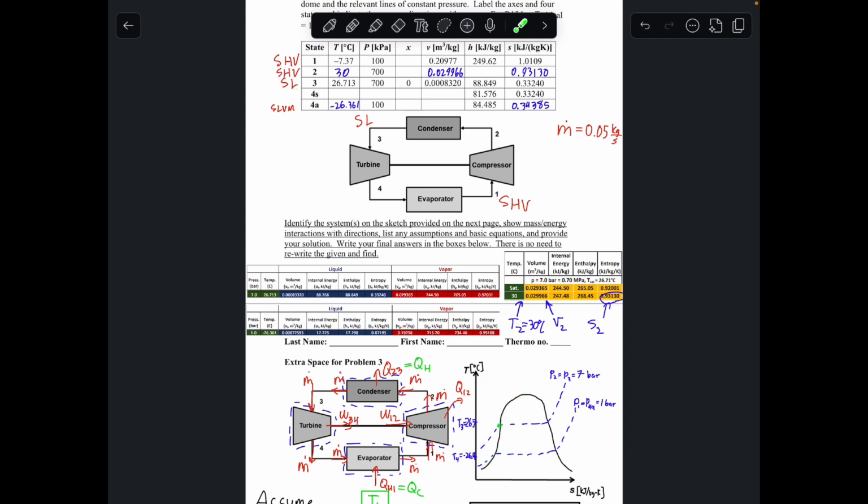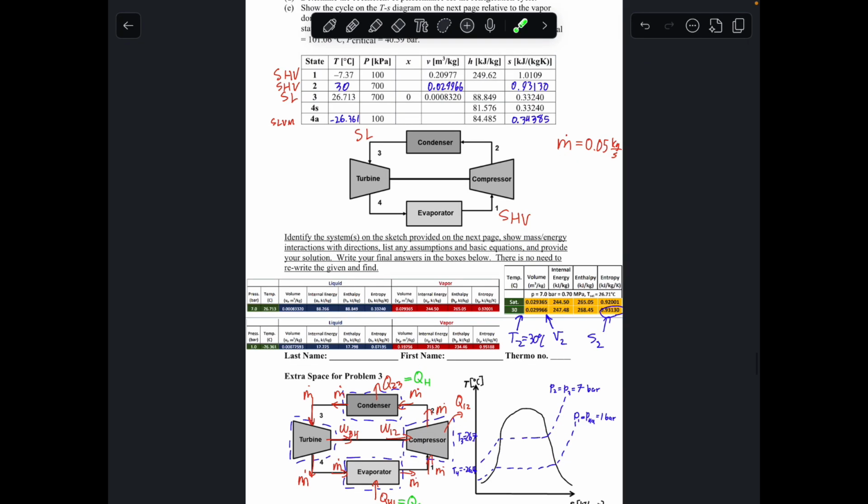So state 3 is going to be right here, and then state 4 will be somewhere in the SLVM region here, and we just found the entropy, so we can place that point there. But at state 1 and state 2, we are in the saturated vapor region. So we're somewhere out here, and we're going to go somewhere like this from one isobar to the other. So let's look at the temperature data that we have.